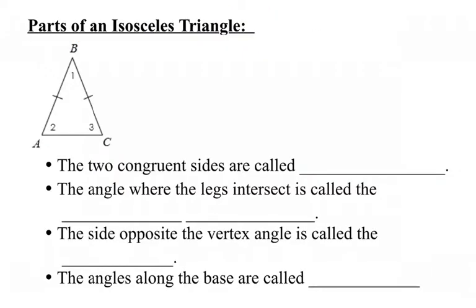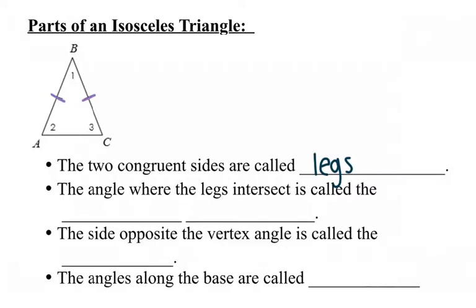Okay, so you should be familiar with isosceles triangles, but let's talk about the different vocabulary you should know. The two congruent sides are called legs. My legs are AB and BC, and they have that little tick mark, which means congruent. That's how I know those are the legs.